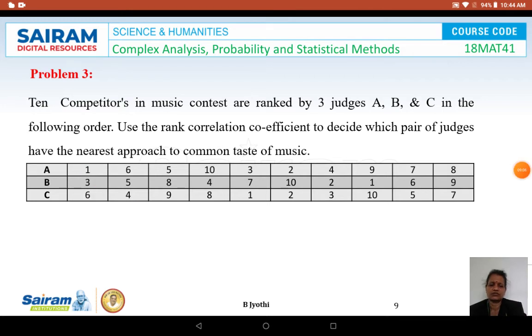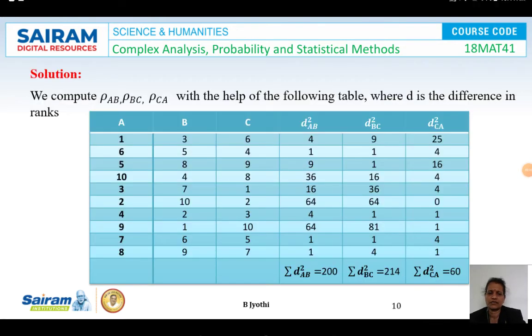Now let us look into the table how it has to be done. See, this is rank. We compute rho AB, rho BC, rho CA with the help of the following table, where D is the difference in the rank.